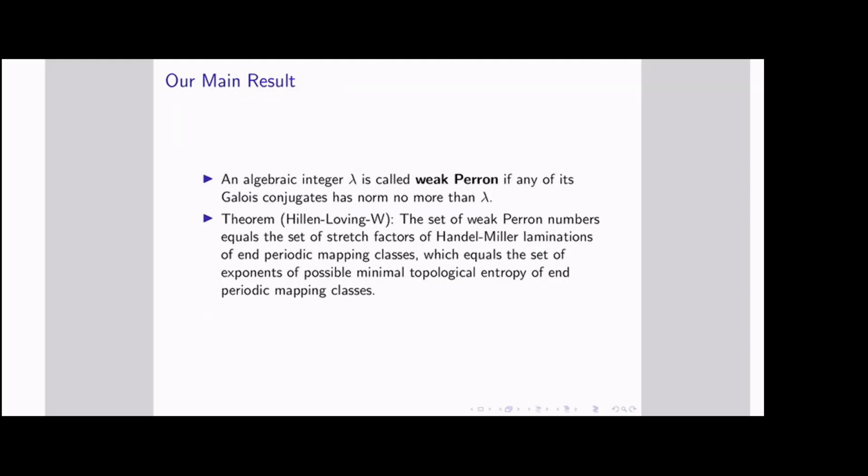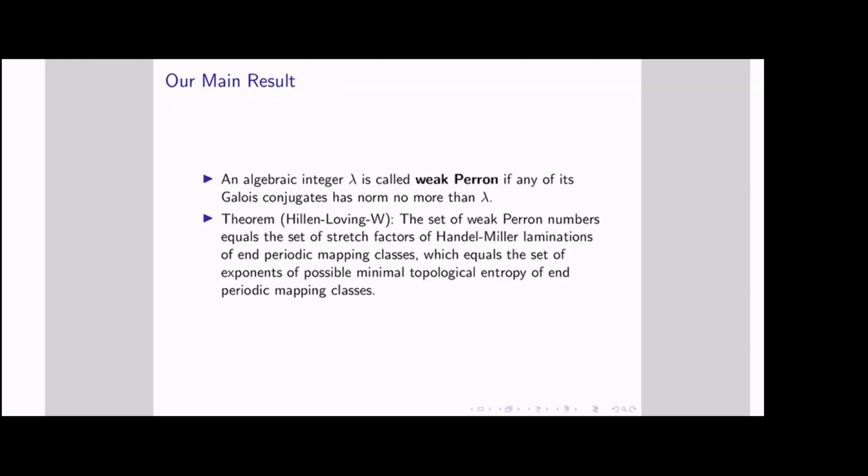Compare this with mapping classes of closed surfaces. For mapping classes over closed surfaces, in the pseudo-Anosov case, not the reducible case, we can also write down the stretch factor, and that stretch factor is what we call a bipolar number. It's an algebraic integer lambda such that all the Galois conjugates lie between lambda and 1 over lambda.